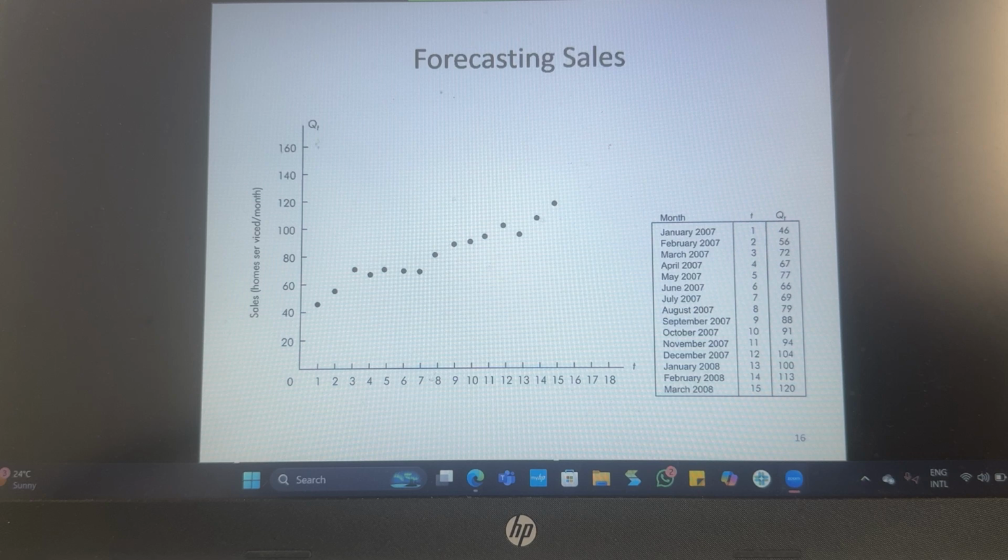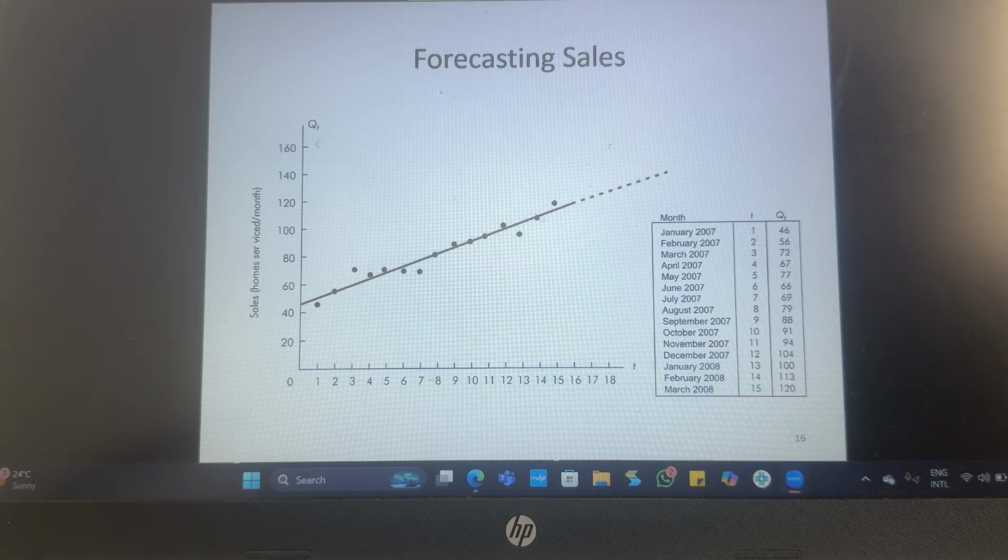So, this is the plotted data and the trend forecasted trend line, and extend this line like this. So, the trend line, you estimated this trend line. You can do this one using regression techniques, right?